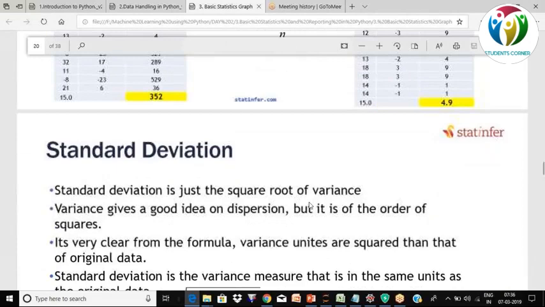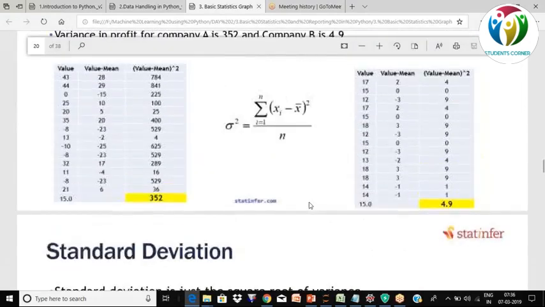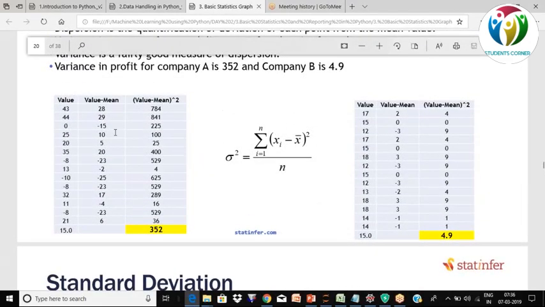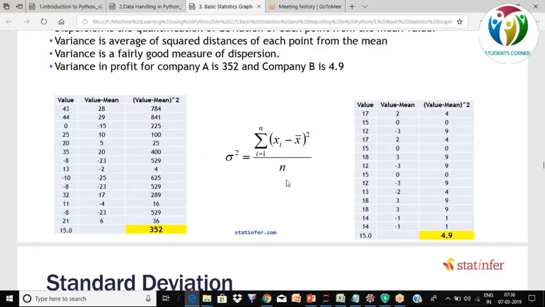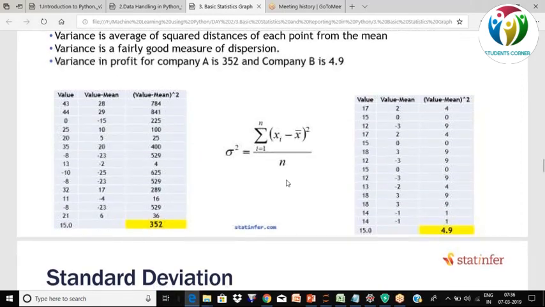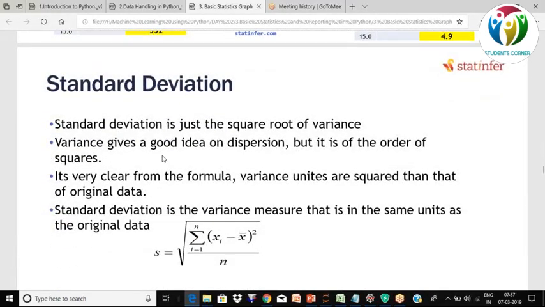Now, standard deviation is simple. It is the square root of variance. Because while computing the variance, we have taken the squares of the values. Variance gives a good idea of dispersion, but it is in the order of squares. Why did we take the squares? Because the difference of each value from the mean could also be negative.